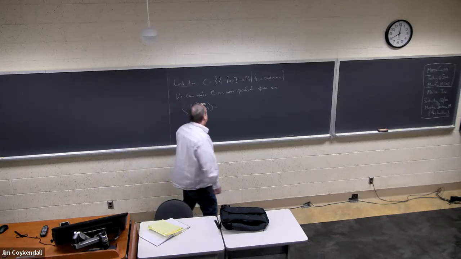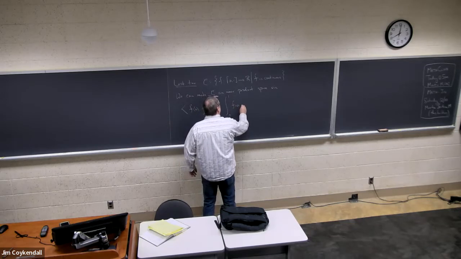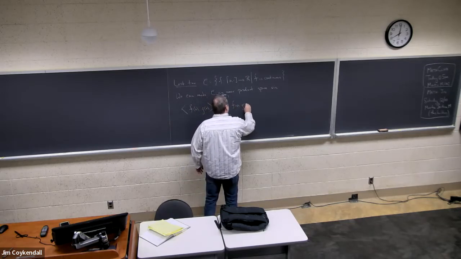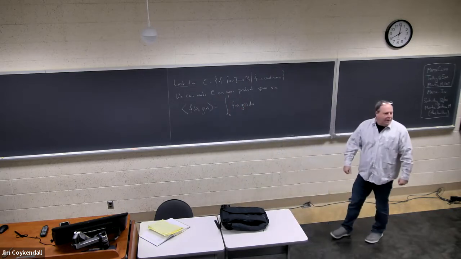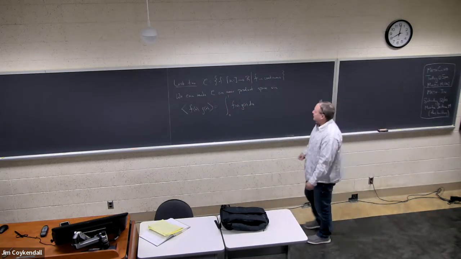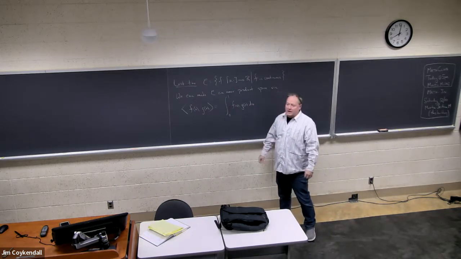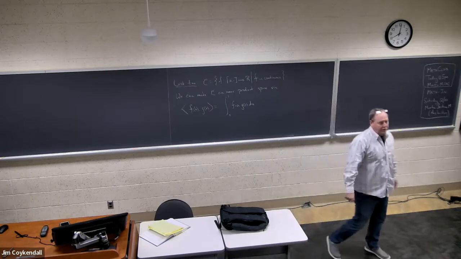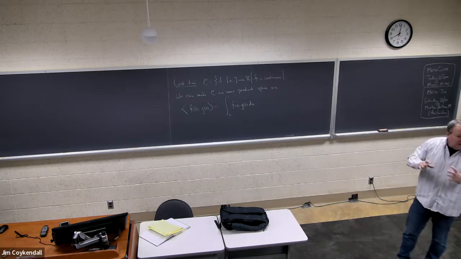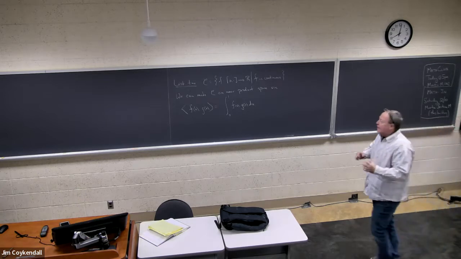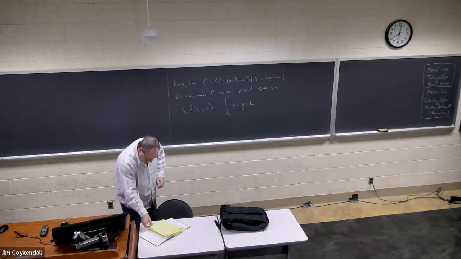Well, one way to do it is multiplying and integrating from 0 to 1. And we showed last time that if these functions are continuous, this does indeed define an inner product. In fact, what you needed the continuity for was really that last property, which says the inner product of any function with itself is greater than or equal to 0, and it's equal to 0 if and only if the function is 0.